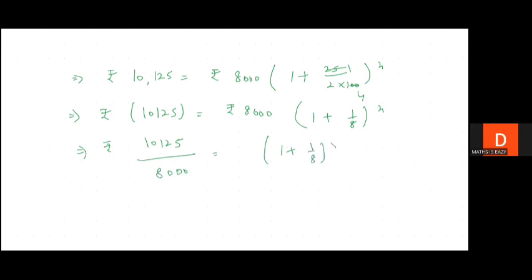Now, taking the LCM equal to 8, we get (8 plus 1) upon 8, raised to the power n. In our next step, 10,125 upon 8,000 will become what?